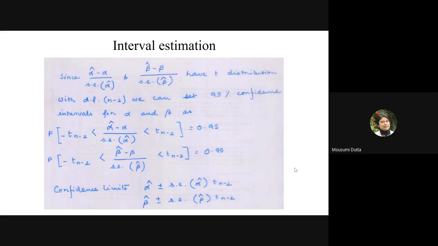Ma'am, shouldn't it be T n minus 2? Shouldn't we use T3 instead of T5? Yes, T3 comma, this thing. Okay, so T3, what is alpha by 2? 0.025.